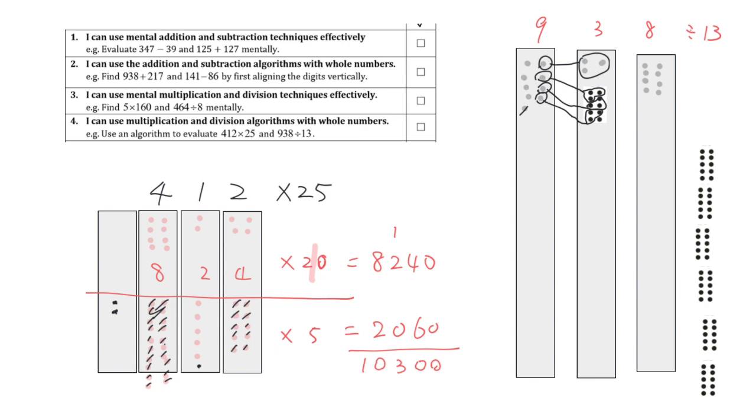So let's exchange another 10. Okay, now continue. So the group 3, the group 3, the group 3. Okay, so now we have 1, 2, 3, 4, 5, 6, 7. Just to remind me, the 7 groups for 93.